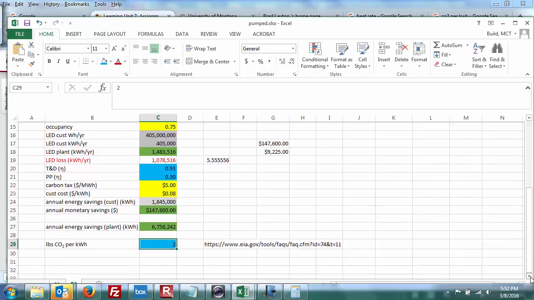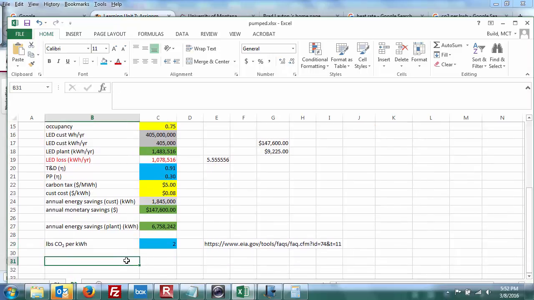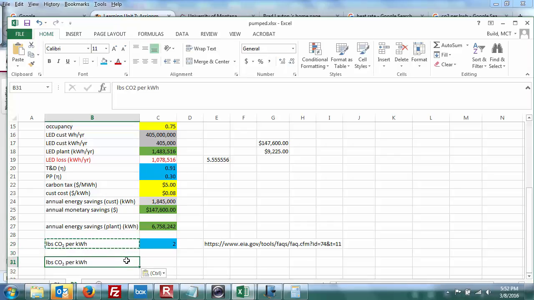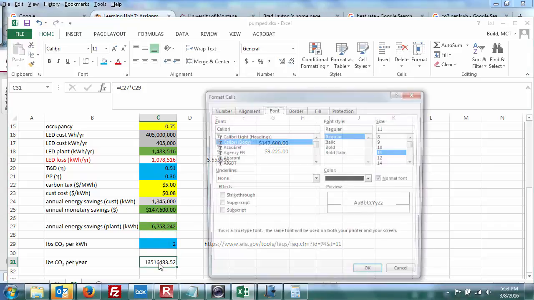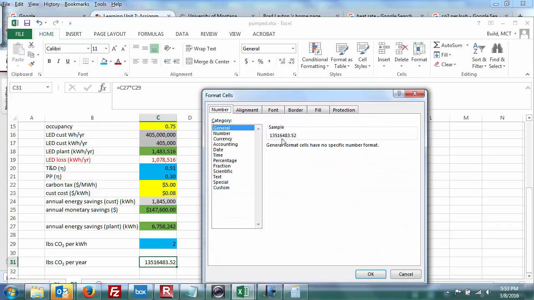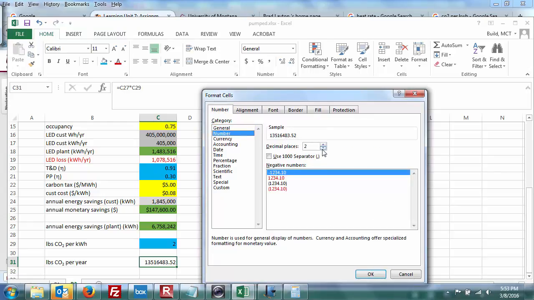Okay. Actually, let's do it this way. Copy, because I like that subscript. Pounds per year equals, dink times dink, dink, dink, dink, control 1, number, no, yes, okay.